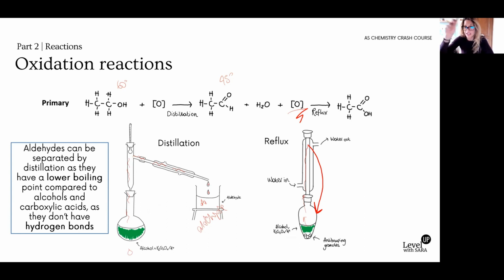If something evaporates, it would condense back because the condenser cools it down. Also there is no flame in contact with the organic compound. So it's definitely a safer technique. That's why it's really, really common. Distillation is a bit more specific, used if there is something that can be separated due to the difference in boiling point.